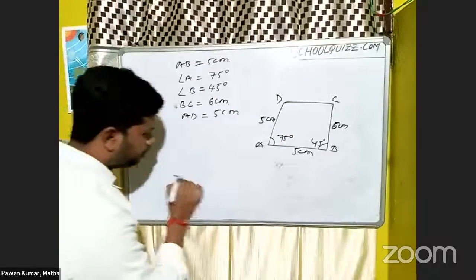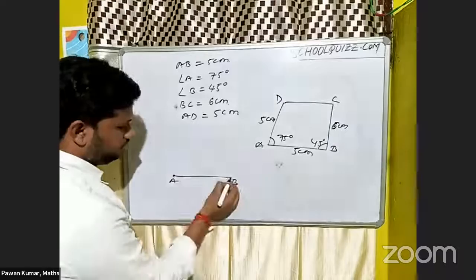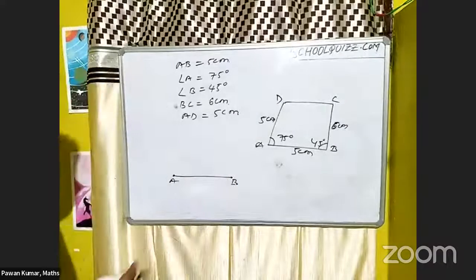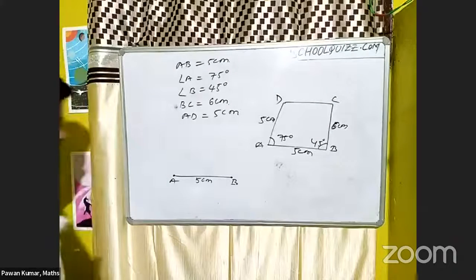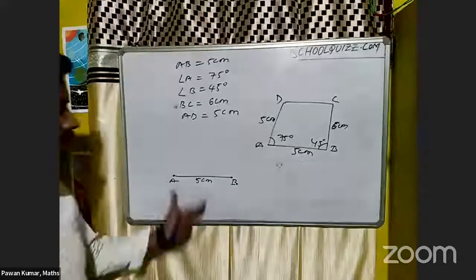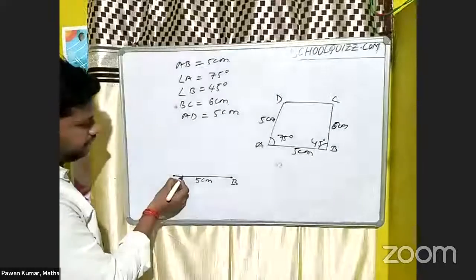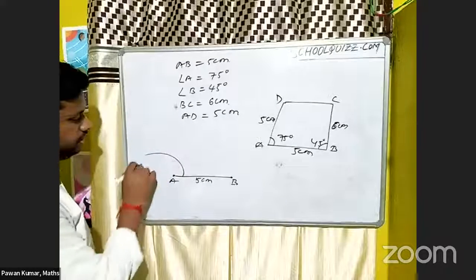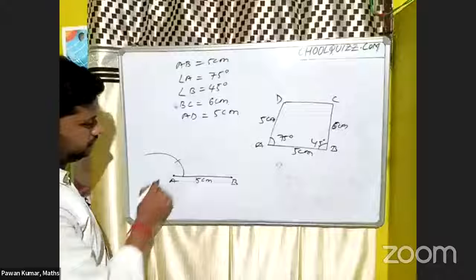Simply, you have to draw AB. If you have a protractor you can use it. AB is, suppose, 5 centimeter. I can just draw it with a scale. Now 75 from A. Draw one arc: first arc 60, second arc 120.